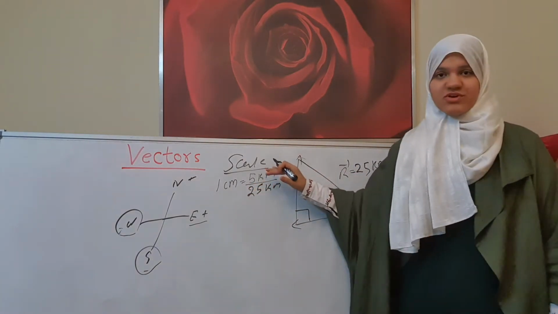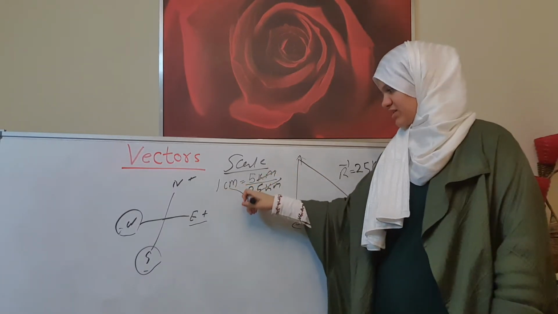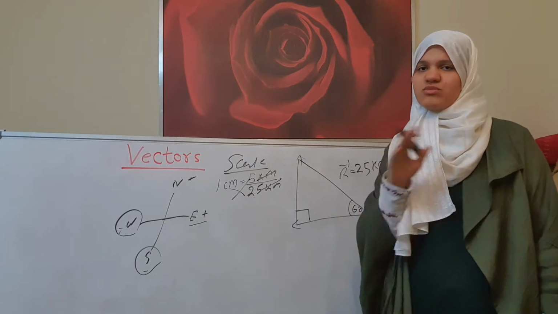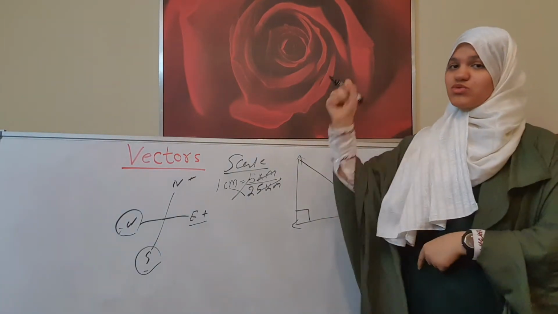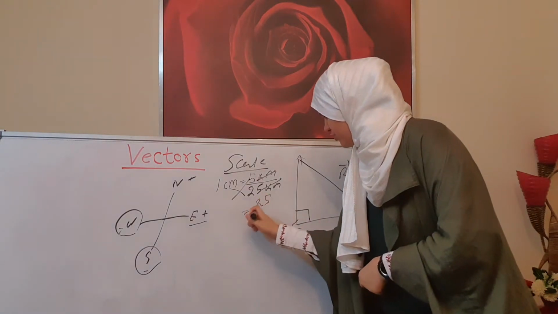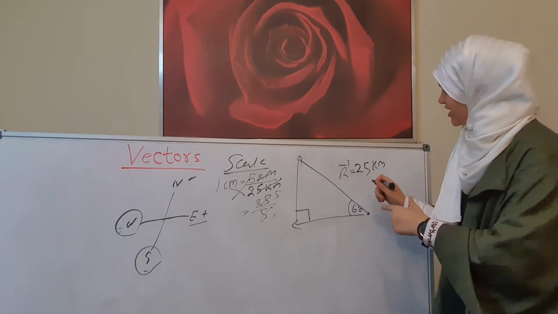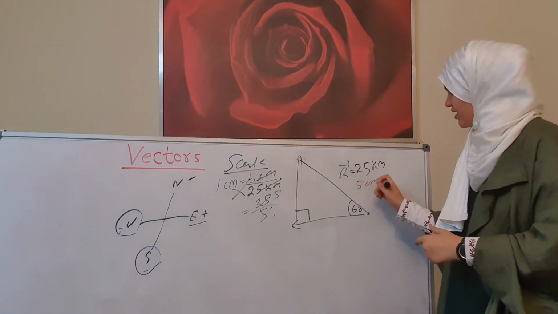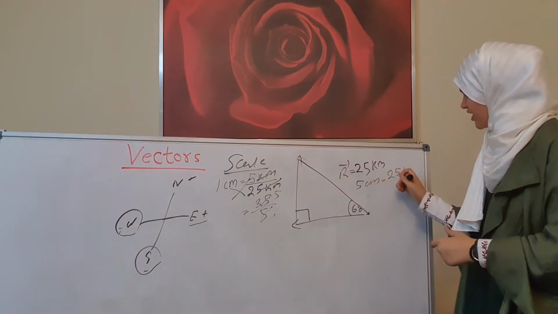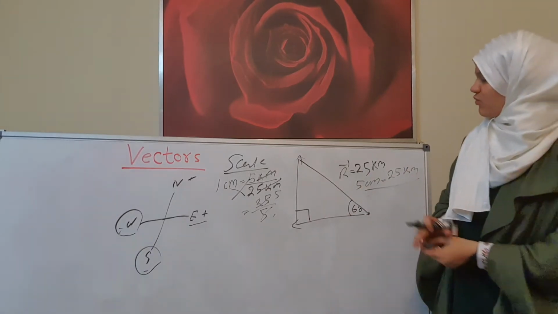Now we will cancel kilometer with kilometer. Then we will crisscross, and after that we will divide. That means it will be 25 over 5 is equal to 25 over 5, here by 1 and here by 5. Now, that means 5 centimeter is equal to 25 kilometer. Okay? So we found the scale.